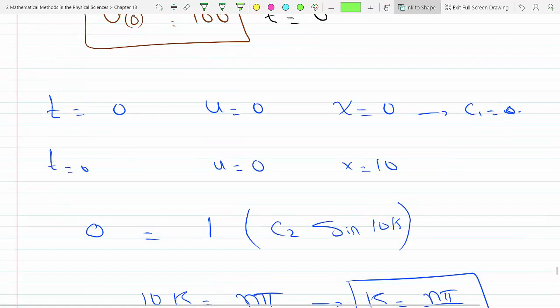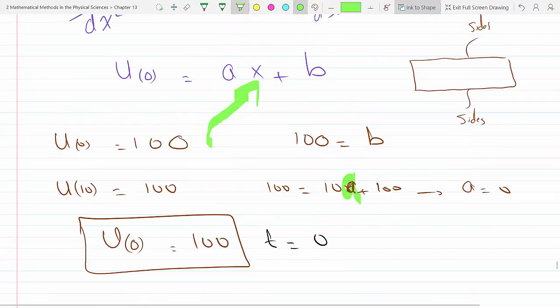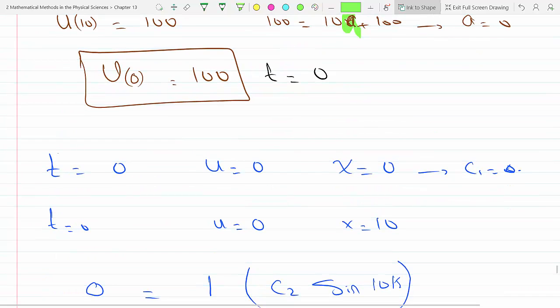So that means u of 0 equals 100 at t equals 0. Okay, now we know that at t equals 0, u equals 0, x equals 0, right? Plug this back in here. t equals 0, e to the 0 is 1, x equals 0, the sine term goes away, however, the cosine term is 1, so you get u equals c1, right?